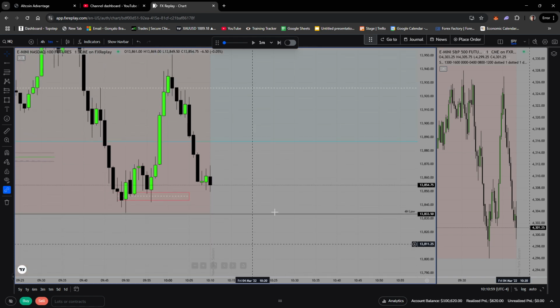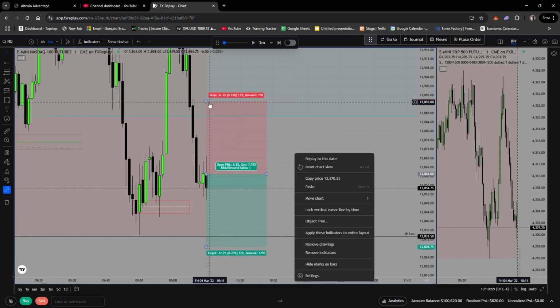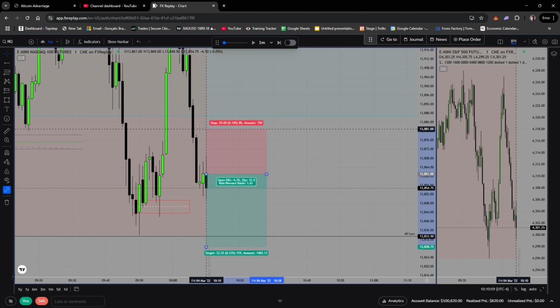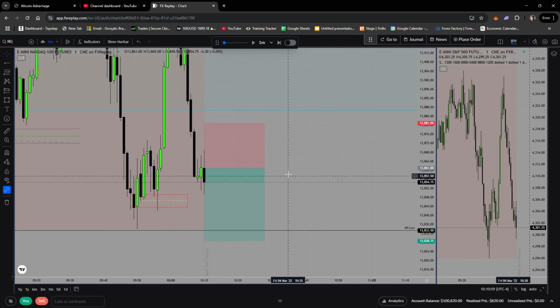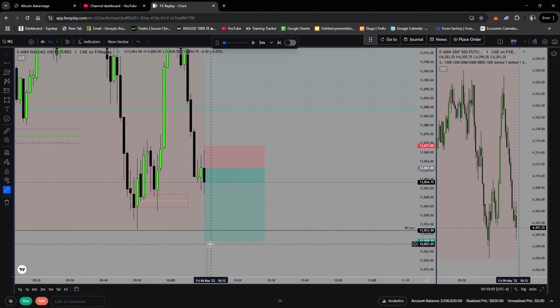And 10. Do you want to try this? ES took the low, NQ hasn't. ES is the stronger asset. 20 points or 10? 10's more brave.